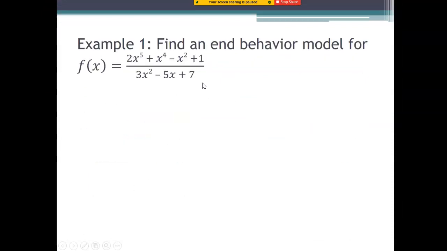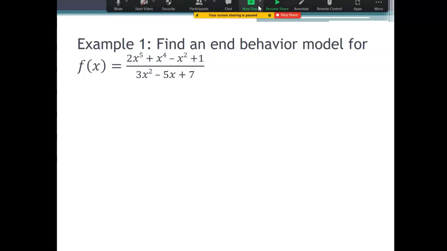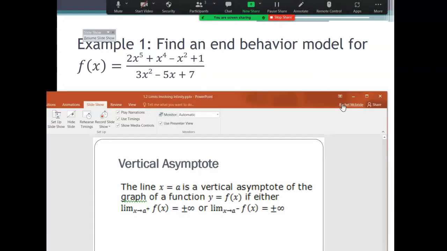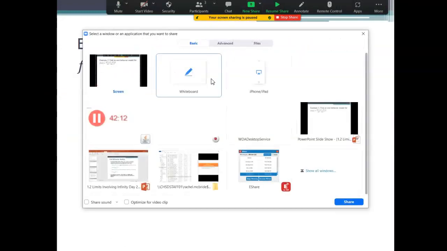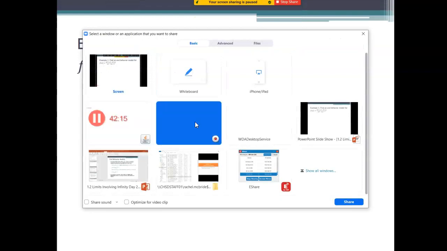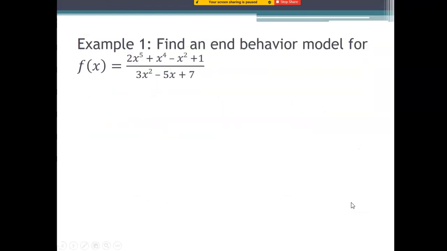Find an end behavior model for this function then. So 2x to the fifth is what type of function? Odd. There you go. So we have 2x to the fifth, which is odd, over 3x squared, which is even.